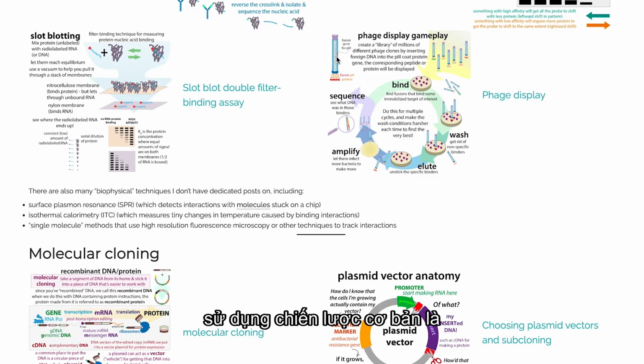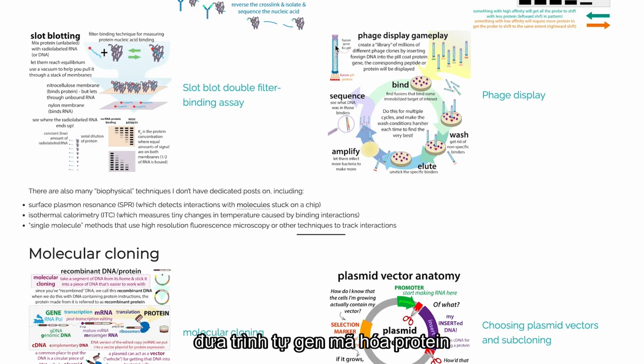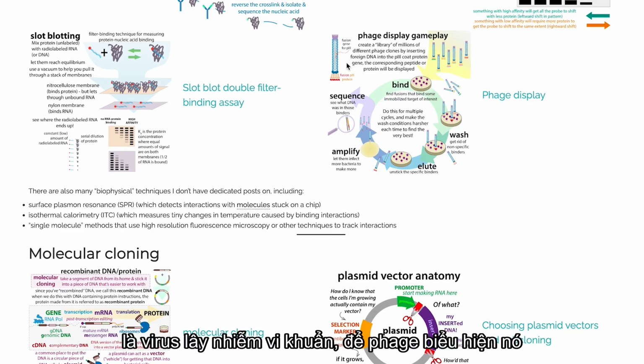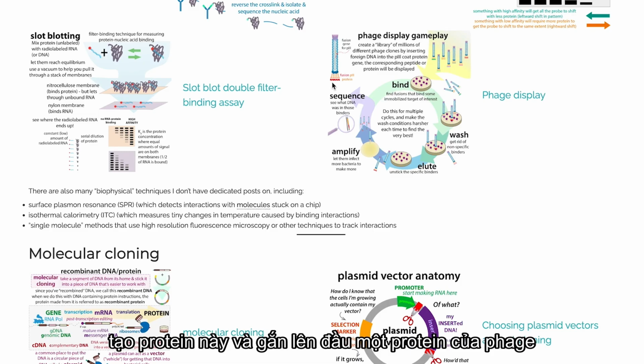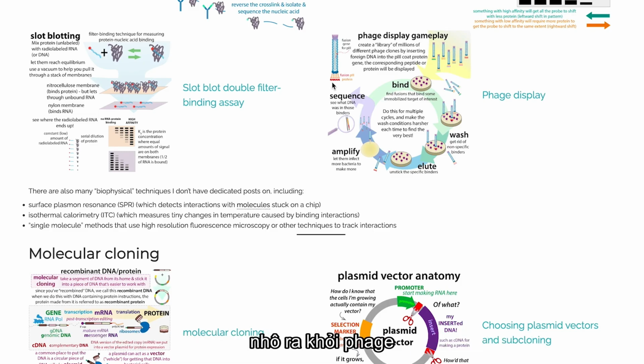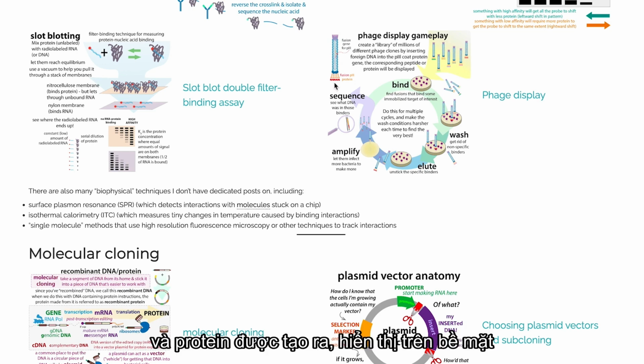It uses a strategy where you stick the genetic instructions for making a protein into a phage, a bacteria-infecting virus, such that the phage will display this sequence or protein. So you make this protein and put it on the end of one of the proteins that's sticking off of the phage. The phage is going to have the DNA for making that protein, and then the protein is going to get made and shown on the surface.